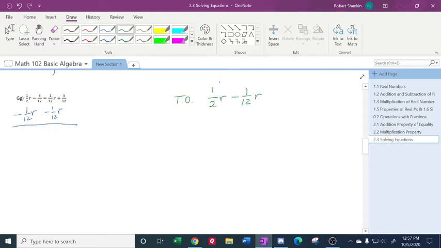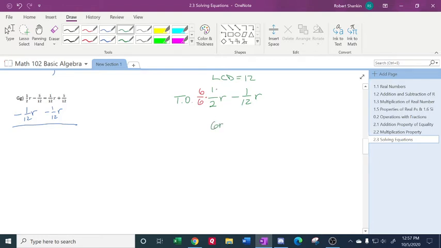To add or subtract fractions, we need a least common denominator. And they both divide evenly into 12, so that's it. So I'm going to multiply this one by 6/6. And I'm going to get 6r.